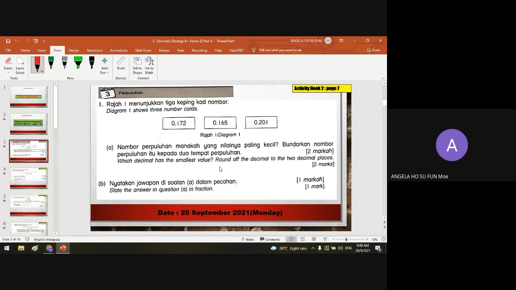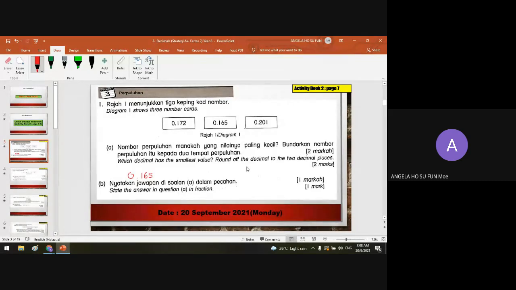Okay, so your answer is 0.165. This is correct. First question, you get 1 mark already. Then round off this decimal to 2 decimal places.